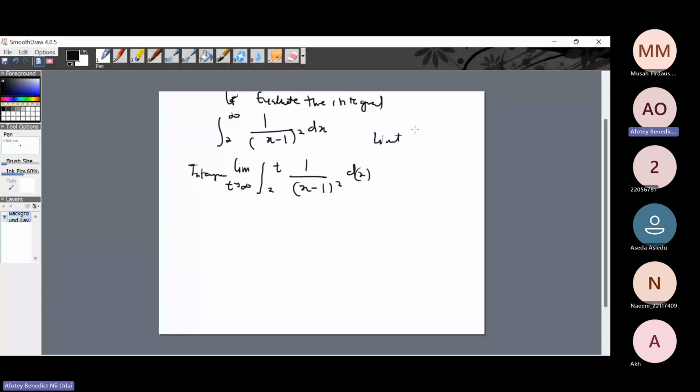So we have the limit as t approaches infinity of the integral from t. Yeah, hello. Please, your screen is not showing. It's not sharing. I can't hear you, please. You said my screen is not showing.